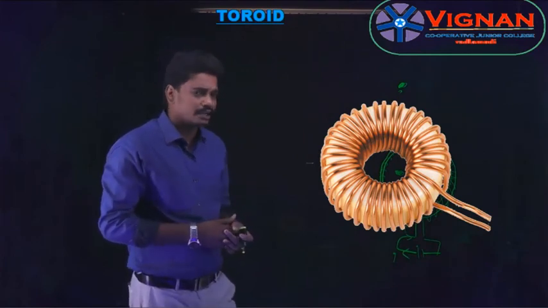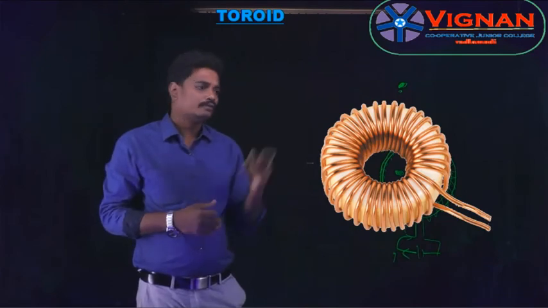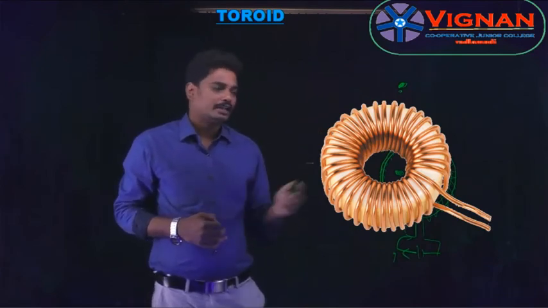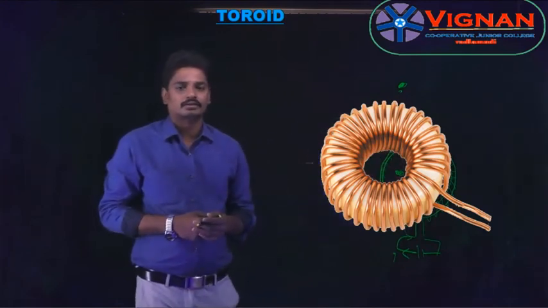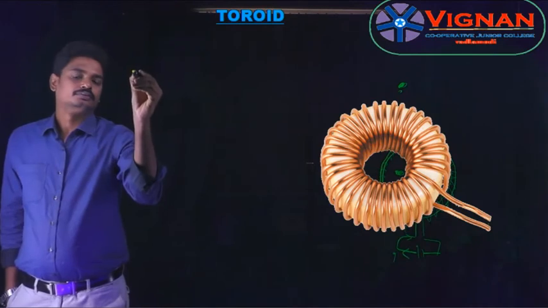Now let us derive the mathematical expression for the strength of the magnetic field of this toroid at a point inside the toroid, by using Ampere's law.